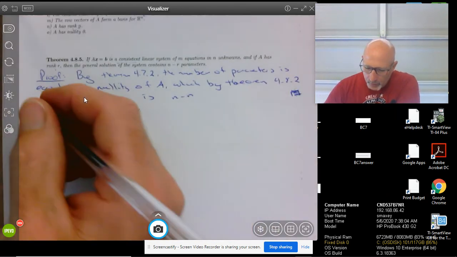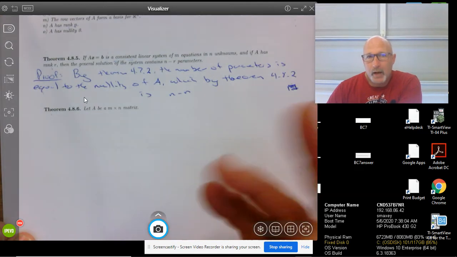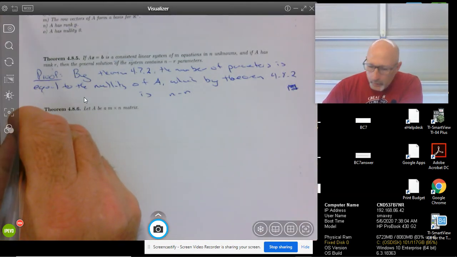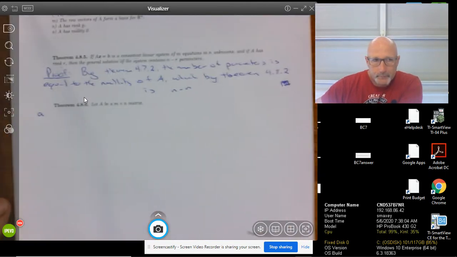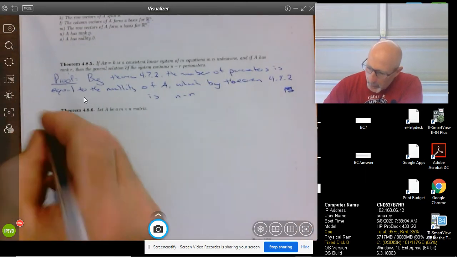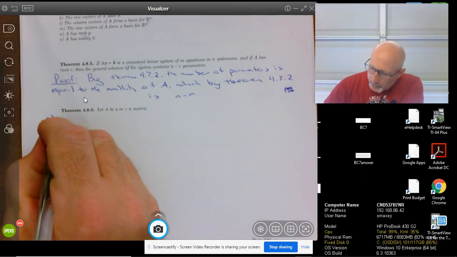So that's what this has to do with. So we have 2 different things here. We have the overdetermined case and we have the underdetermined case. Okay, so A. This is going to be the overdetermined case.